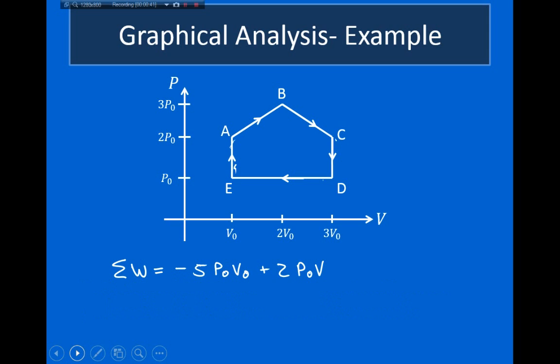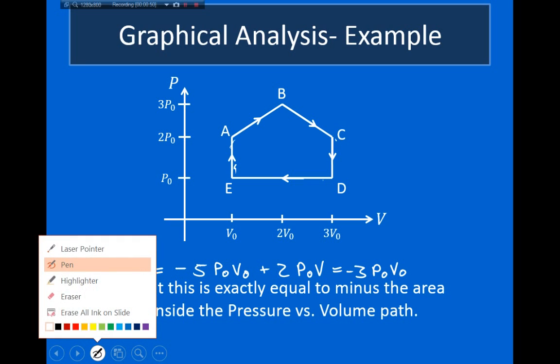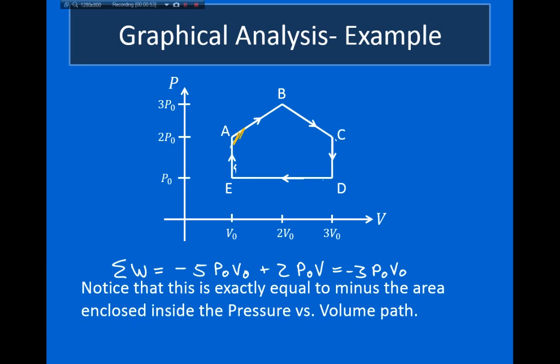If we add all of this up, we'll see that this is going to be equal to minus 3 P0 V0. And if we think about this, this is actually equal to the area that is enclosed by this P0 V0 graph. So it's the area of this shape here that's enclosed in this graph.